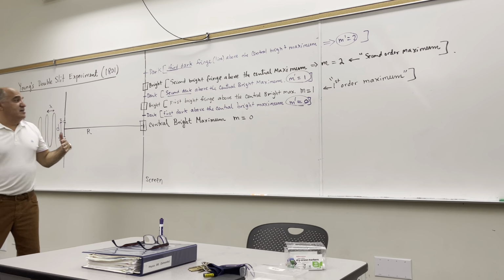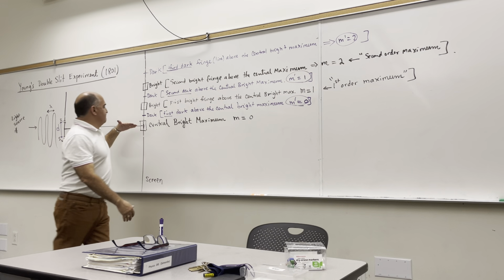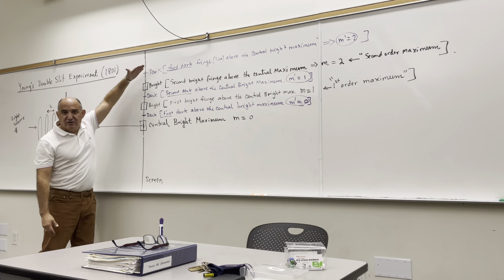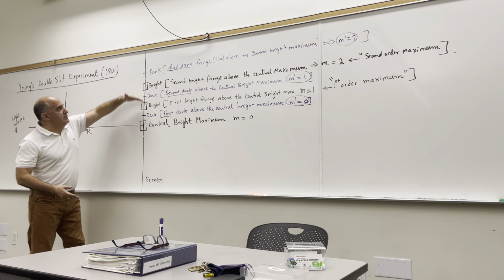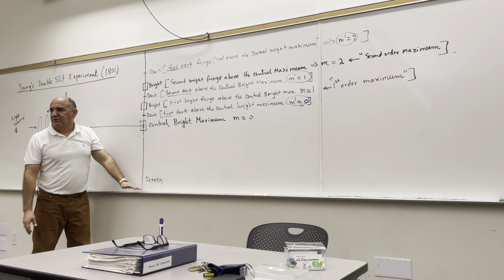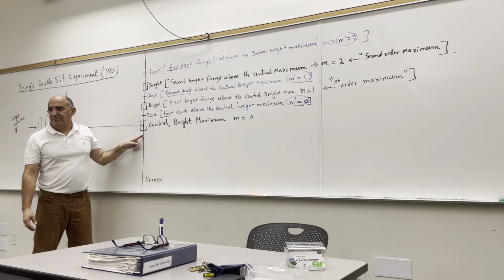And by the way, what you get above over here, because this is very symmetric, right? You got the wave coming in like this. You're going to get exactly the same thing below. So this would be the first dark below the central bright maximum.